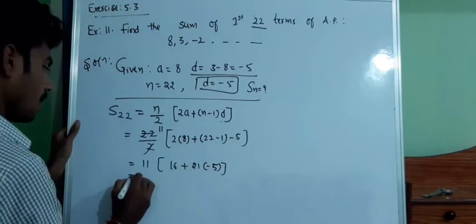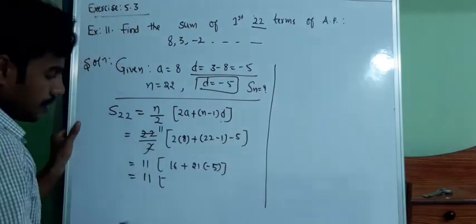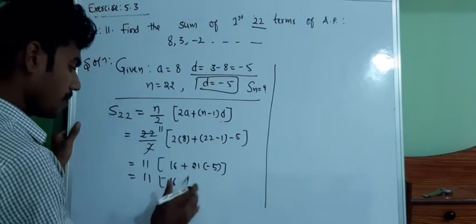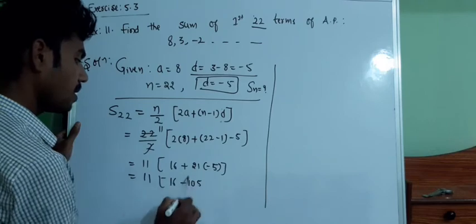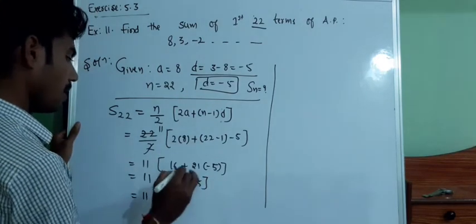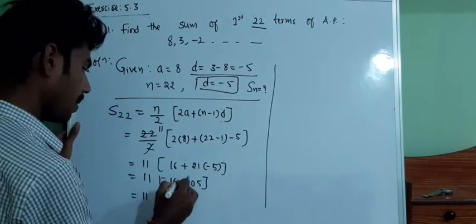Now 11, into 16 as it is plus minus 21 into 5: 5 ones are 5, 5 twos are 10, so minus 105. Now 11 into 16 minus 105.